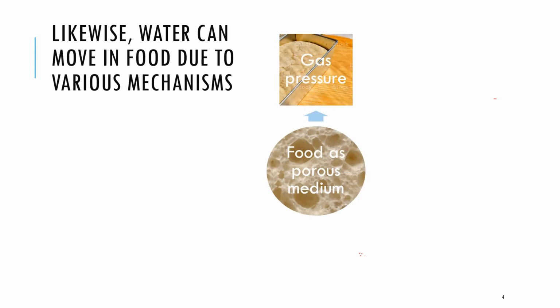So water can move by gas pressure that we are familiar with. For example, how an egg might explode in a microwave oven, or how the bread rises during baking. So there are gas pressures that are generated.